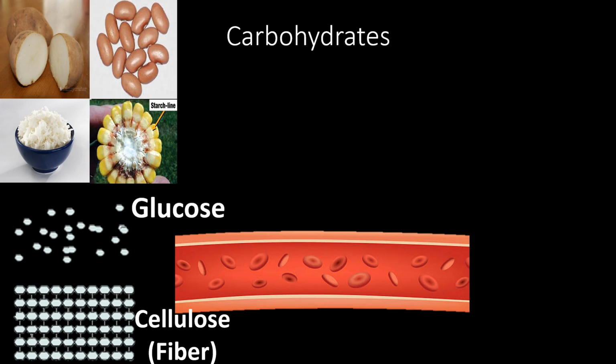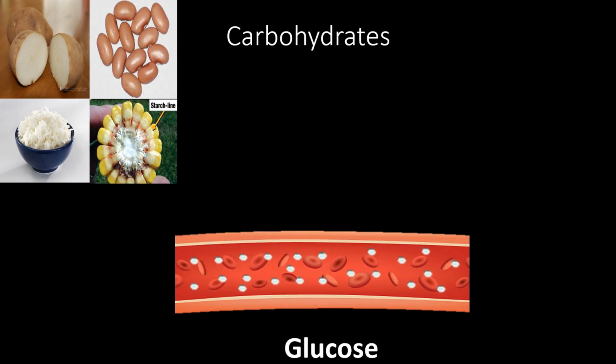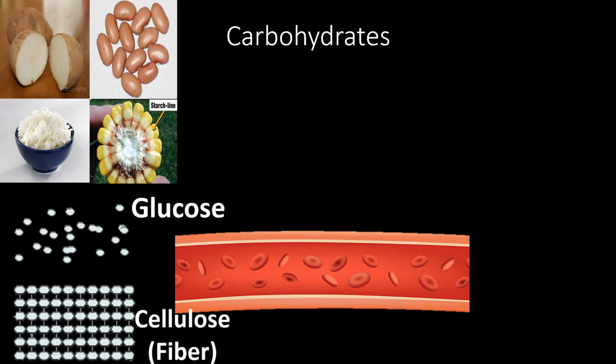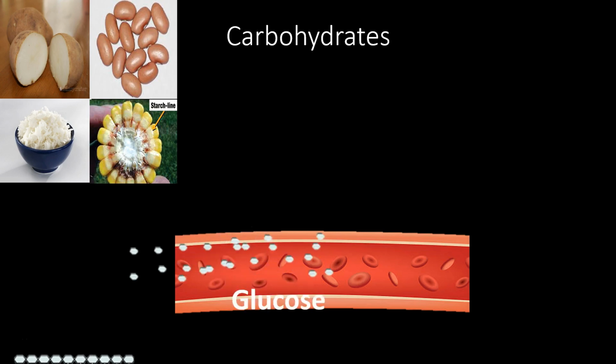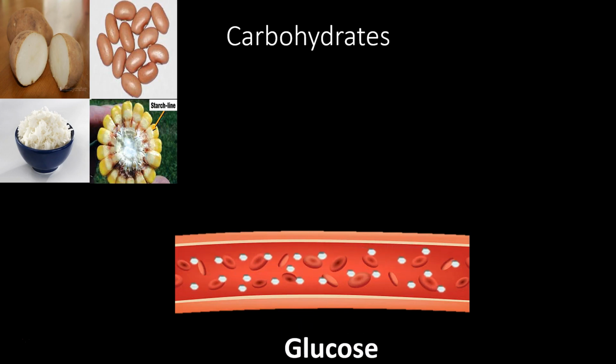That glucose is going to enter our bloodstream. Well, what just happened to that cellulose? Cellulose, better known as fiber, this is so complex we actually can't digest it, so we actually eliminate it in the toilet, okay? The glucose goes into our blood.